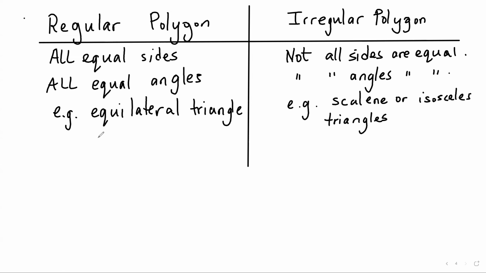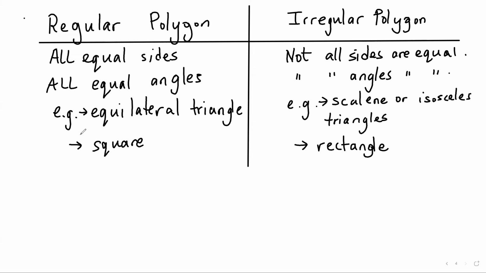What about a rhombus? That too. What about an irregular quadrilateral? A rectangle. A parallelogram as well, correct. So those are some irregular polygons.